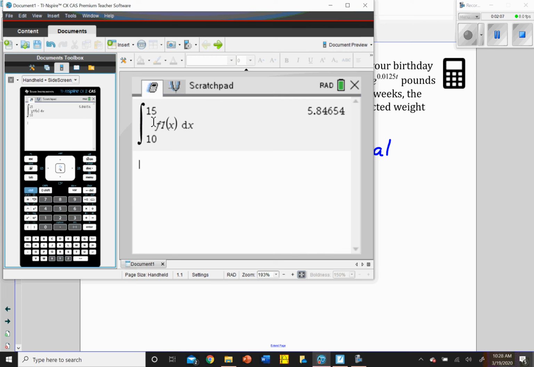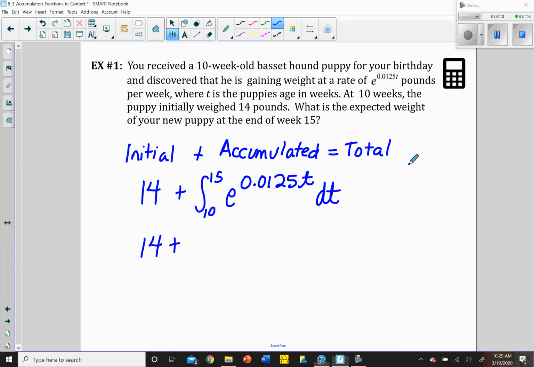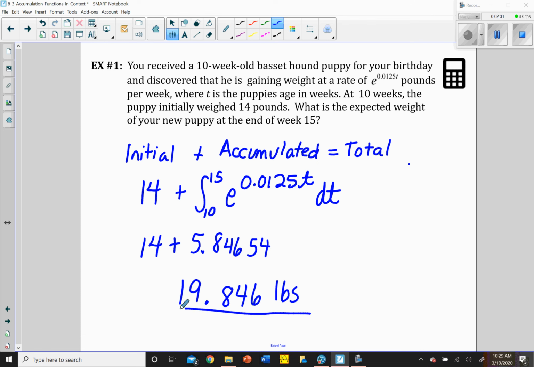From 10 to 15 weeks is 5.84654. So 14 plus 5.84654 gives us a total weight at the end of that 15th week as 19.846 pounds for our new Basset Hound puppy.